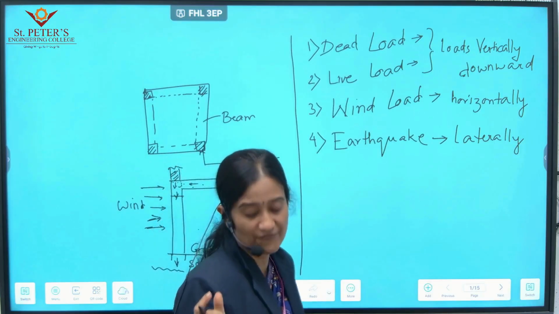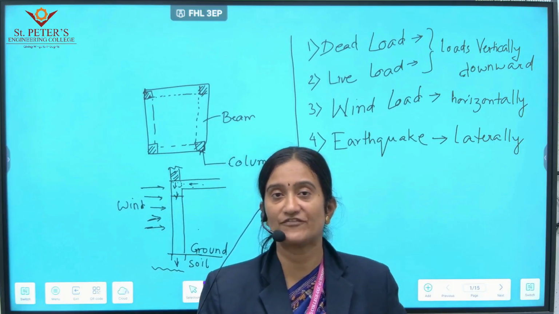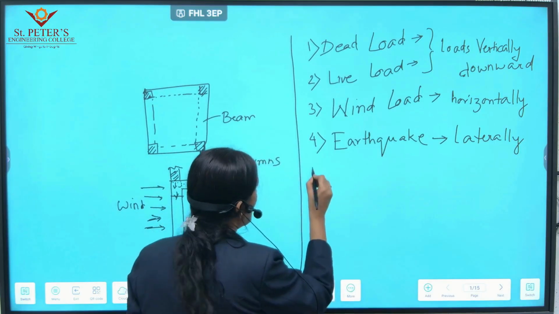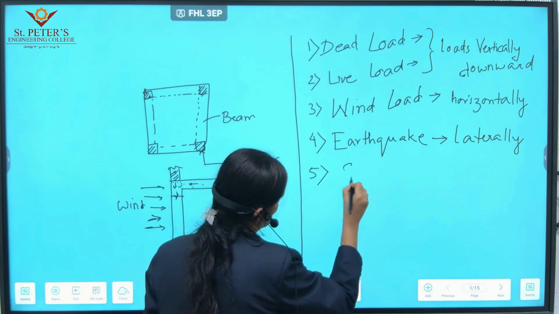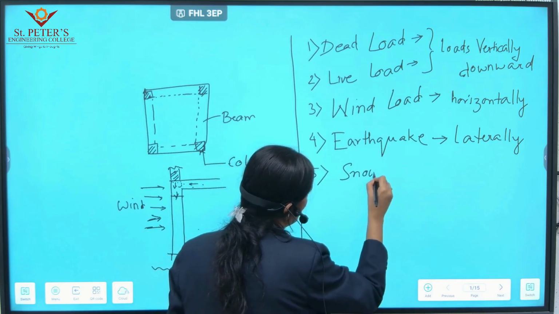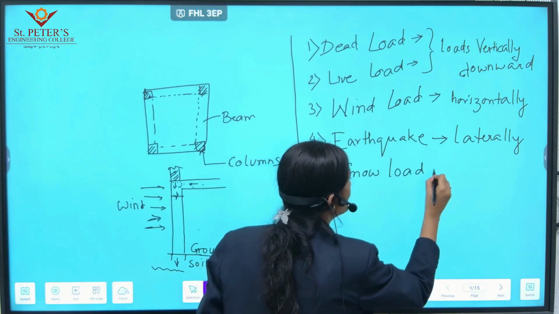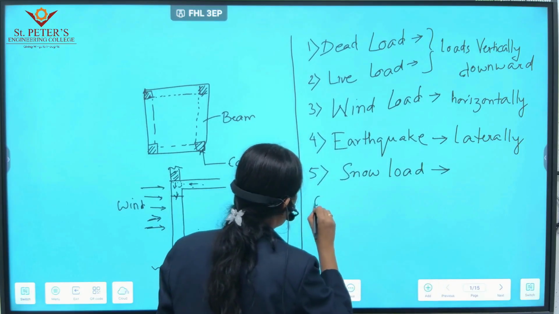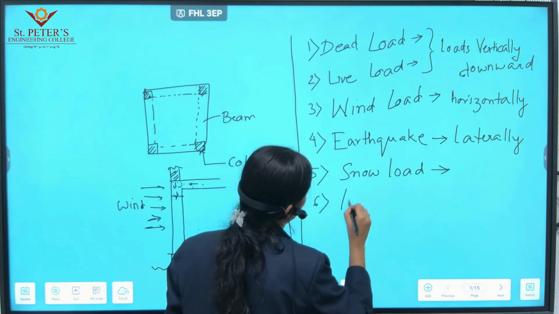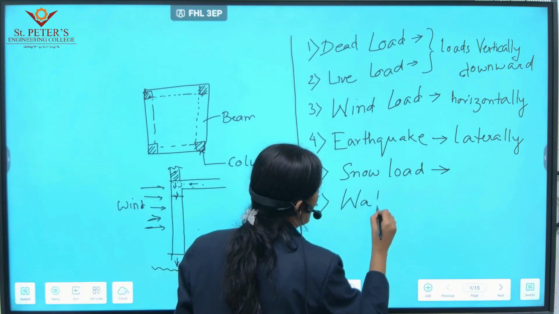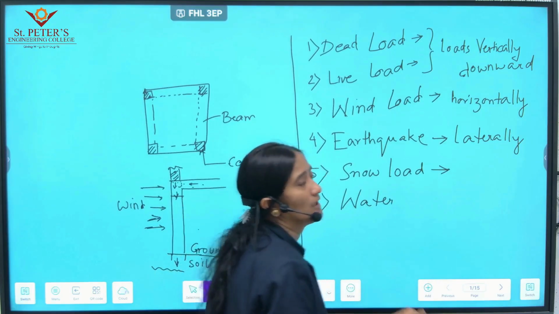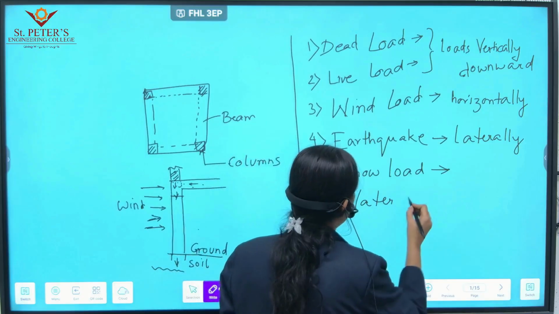As per specific location or area, we have snow load also. Snow load is the load of snow on the roof of a building. We also have water pressure, which acts on dams and water tanks.